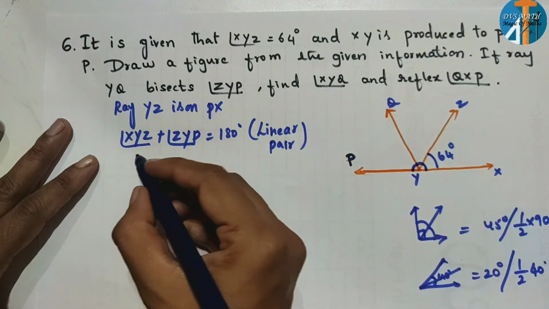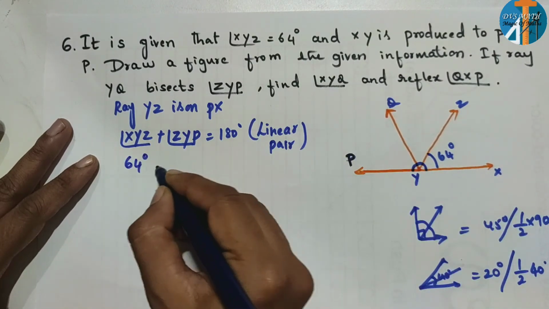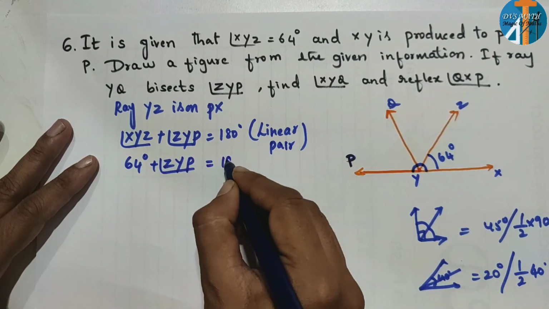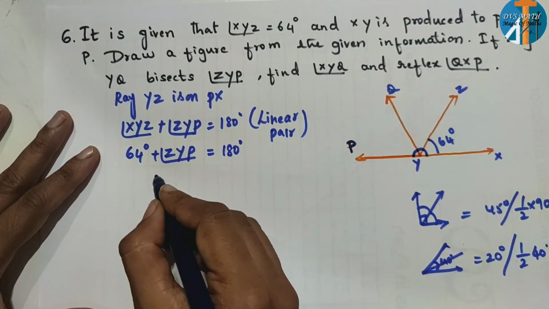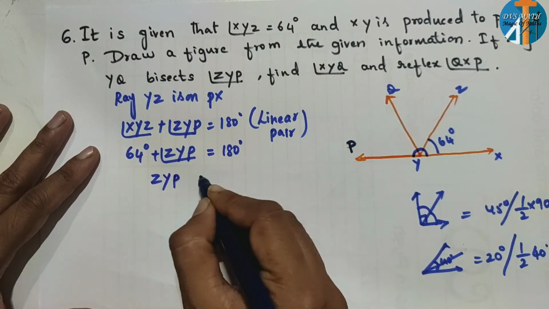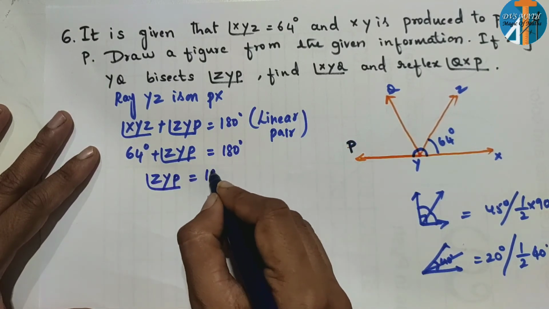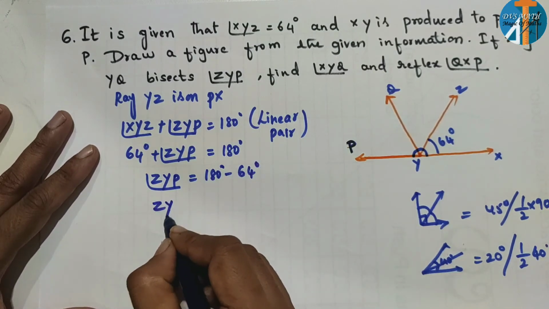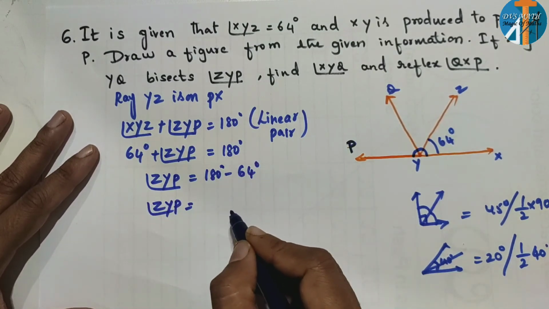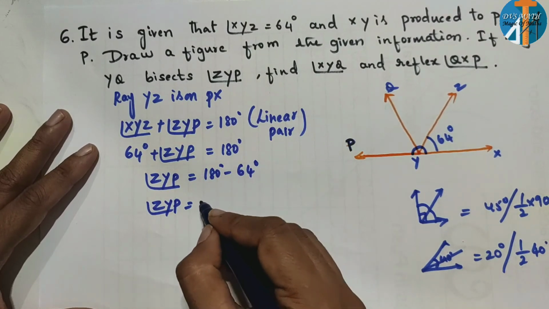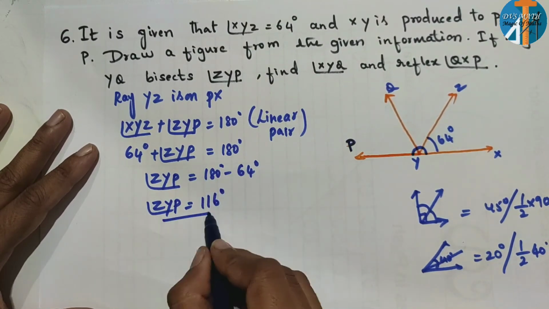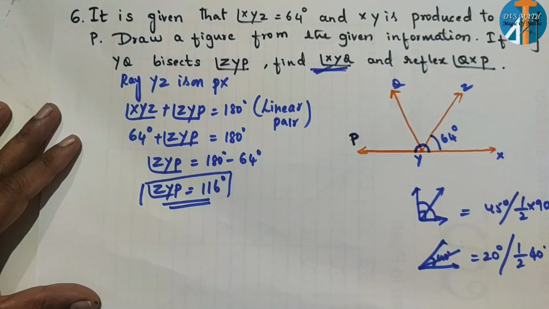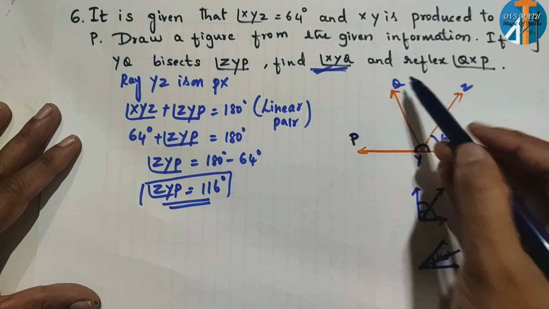Okay, then let us substitute now. How much is XYZ? 64 degree plus ZYP is equal to 180 degree. Now you want to find ZYP, which is equal to 180 degree minus 64 degree. So ZYP is equal to 180 minus 64, it is 116 degree. Now you got 116 degree. What do we have to find? XYQ, this whole angle.